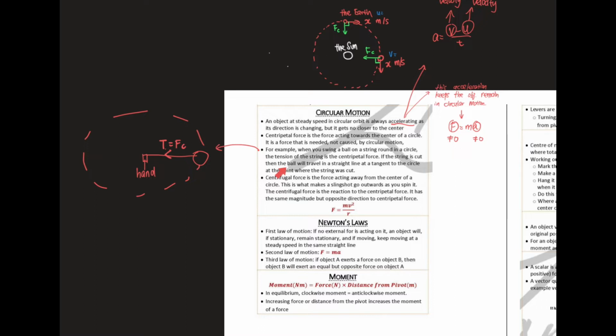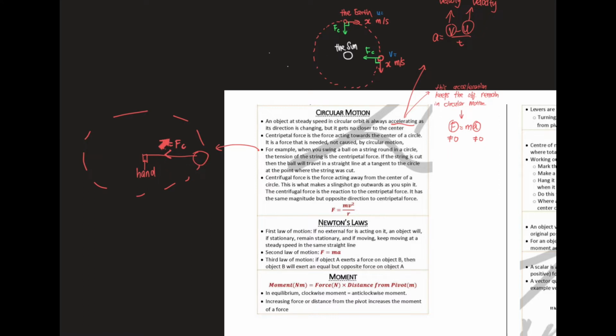If the string is cut, so you want to know why centripetal force is very important to keep the object in circular motion, right? The easier way to see it is you cut the string. If you cut the string, then the ball will not remain in circular motion anymore. It travels in a straight line at a tangent to the circle at the point where the string was cut.